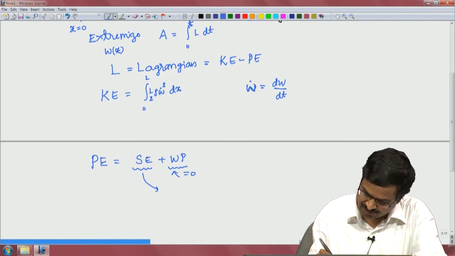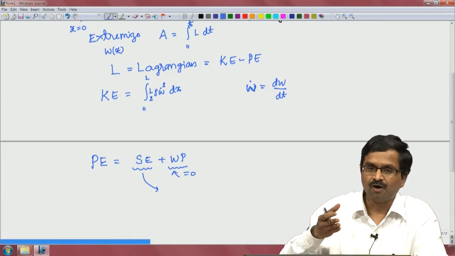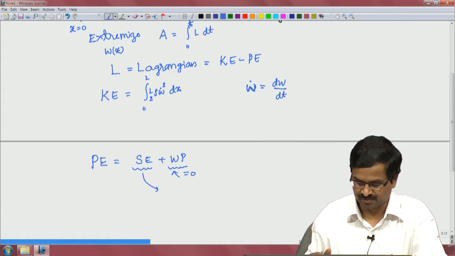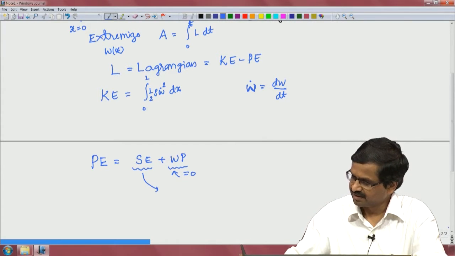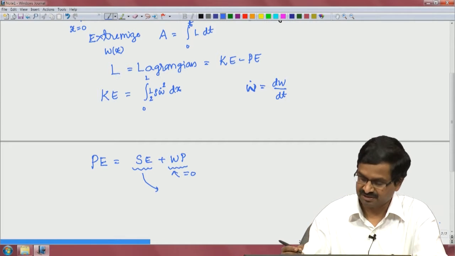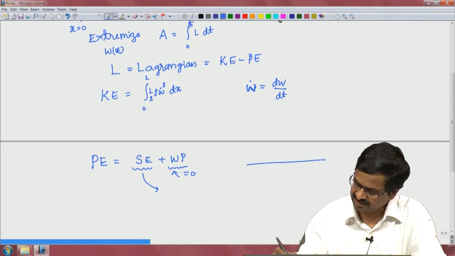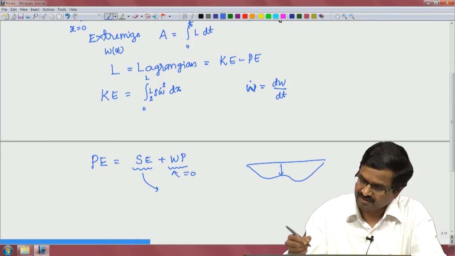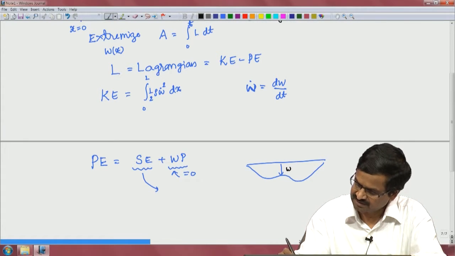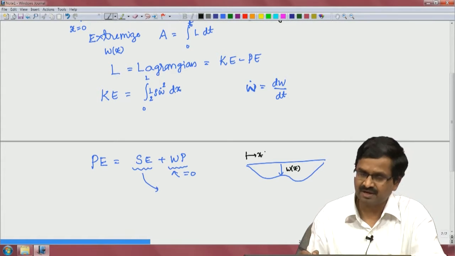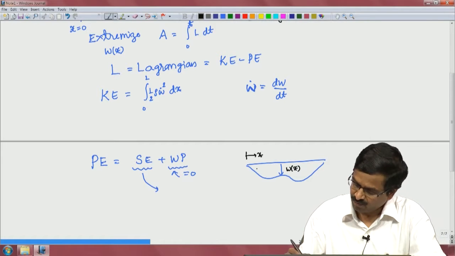For the internal force, we have the tension T, and how much it is stretching is what we need to put. So, when we have a string and it stretches in some manner, that is our w of x everywhere, where x goes from 0 to L. What is this length?